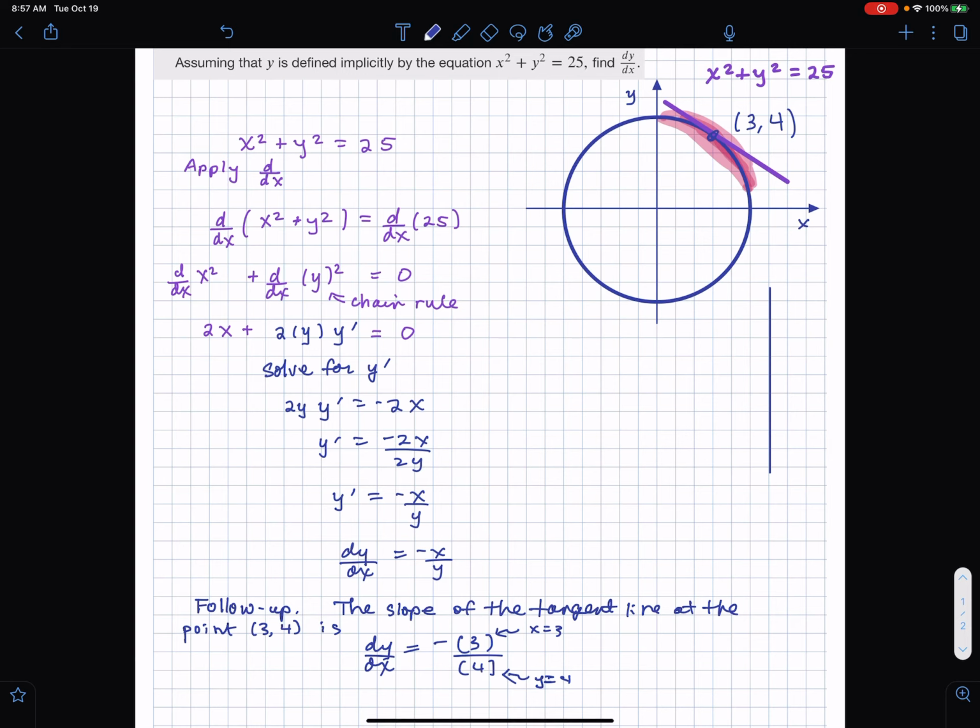And then the thing about this dy dx, that's sort of not what I should do. dy dx is negative x over y. So what you can do, but this is notation a lot of people don't really care for, is write m for the slope is dy dx, and they write a line, at xy equals 3, 4.